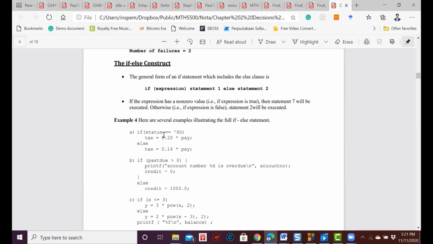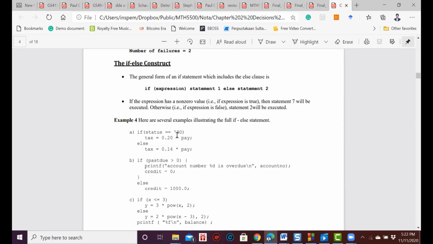For more understanding, we look at A. If status equal to... I think this one is a misprint. I think this one is S, the character S. So tax equals 0.2.